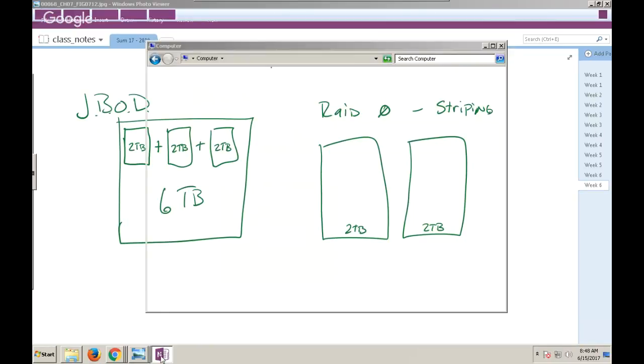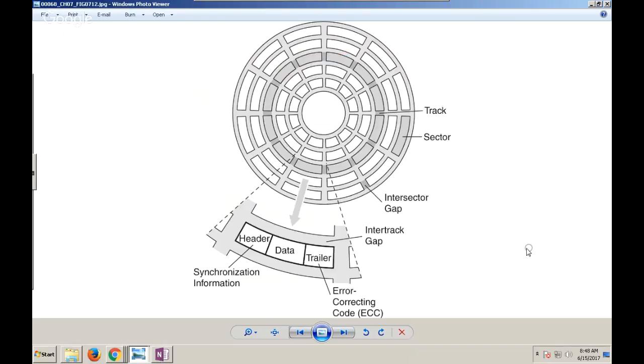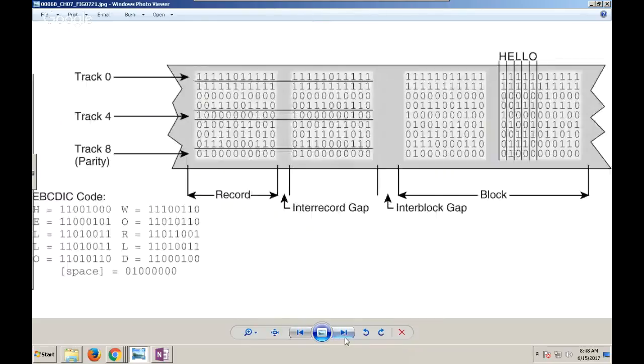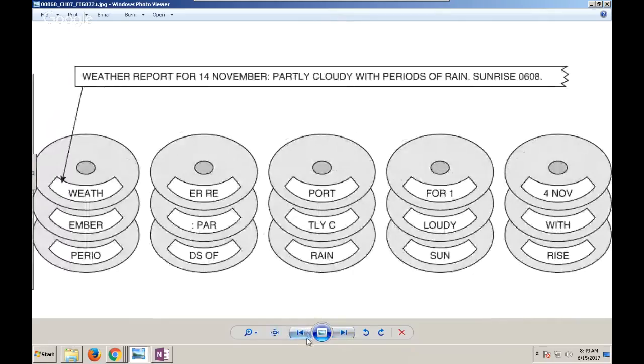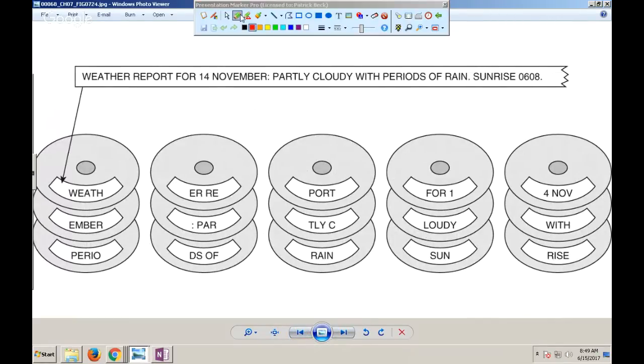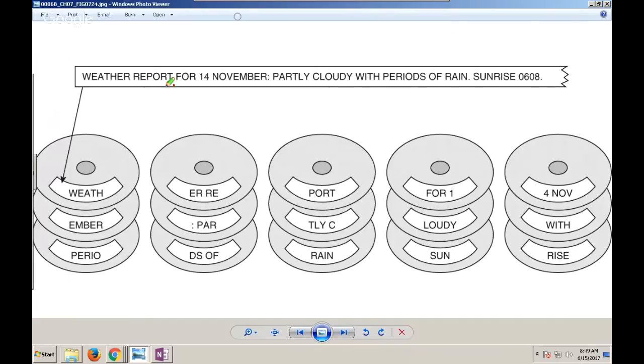Okay, so I've got a diagram here. Here is a RAID 0 array. If I were to store the message, weather report for 14 November, partly cloudy with periods of rain, sunrise 0608, in RAID 0, notice I break it down.